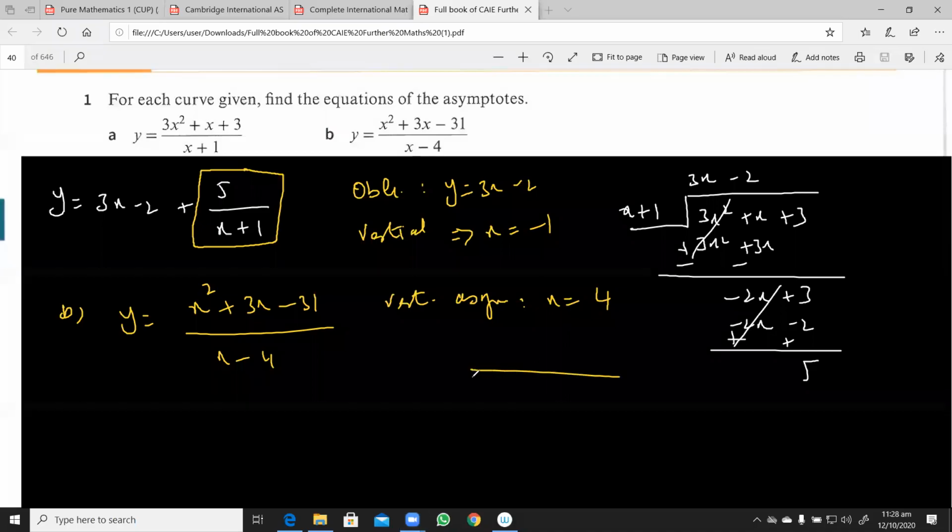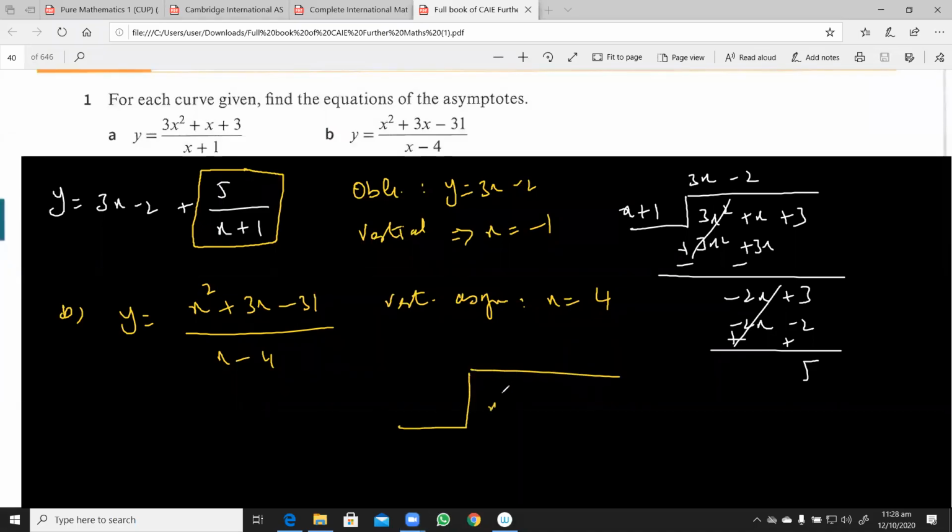Okay, let me check if you are telling us the correct answer. This was like this, x minus 4, and I have x, first of all, this is x squared minus 4x. So we have 7x minus 31. So plus 7, so 7x minus 28. I change the signs.